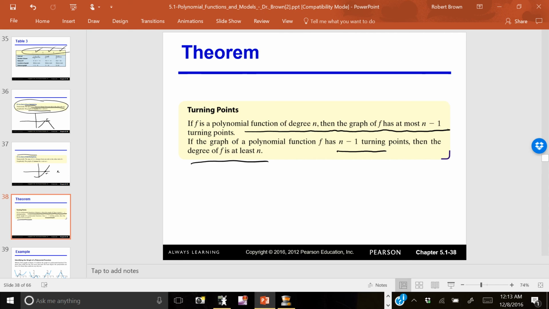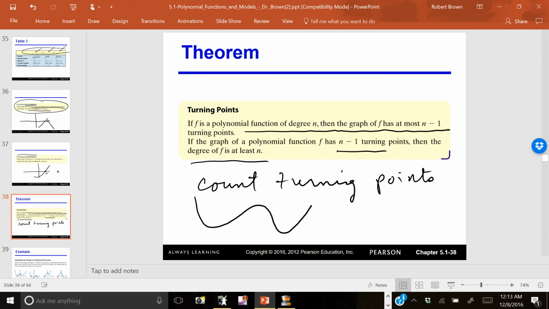So you can count turning points. For instance, this graph has 1, 2, 3 turning points. So the degree is at least 4.